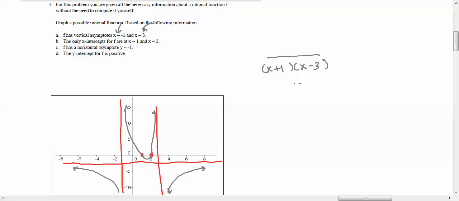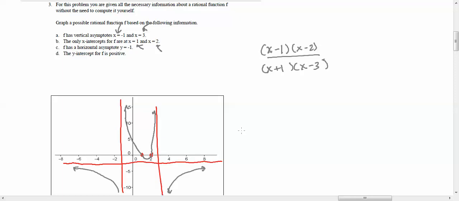I can say that this thing only has x-intercepts at 1 and 2. So I'm going to say that this implies that x minus 1 and x minus 2 is my numerator, because when I set that equal to 0, that would give me x equals 1 and x equals 2. I would say the horizontal asymptote is -1.